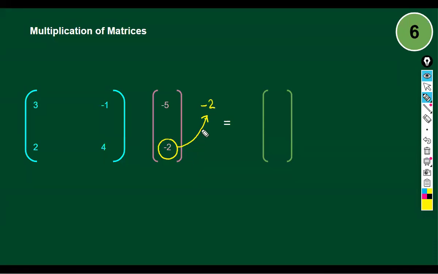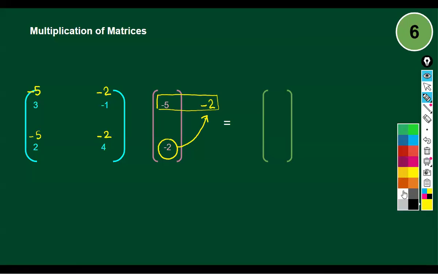So the -2 swings up to the top. These two values now, the -5 and the -2, which are now on top, begin to walk across to the left-hand side of the screen. So the -5 is on top of the 3, and the -2 is on top of the -1. And the two yellow values, you photocopy them underneath as well.